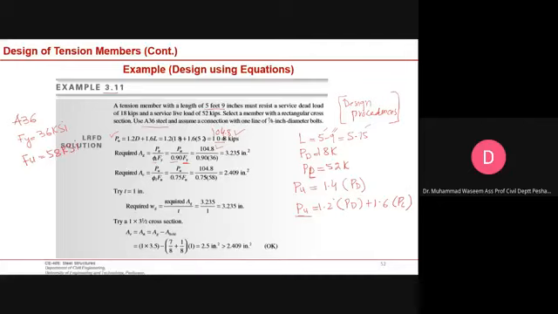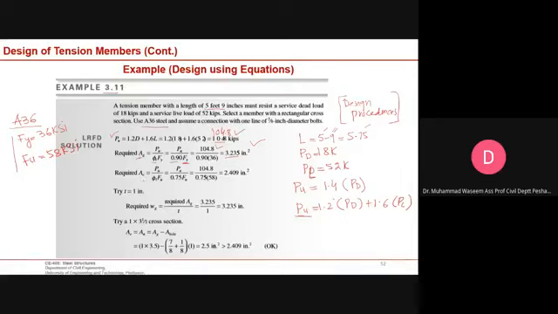When you look at the type of material, you should immediately recognize what the yield and ultimate stresses will be. So when you calculate the gross area, it comes out to be 3.235 square inch.